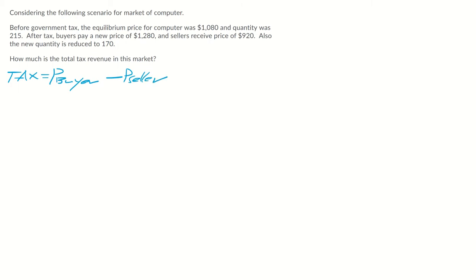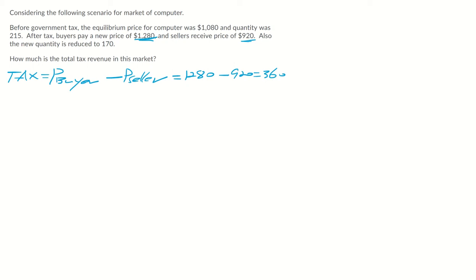The buyer price in this case is 1280, the seller price is 920. So the tax for each computer will be 1280 minus 920, so the answer should be 360. So that's your tax per computer.